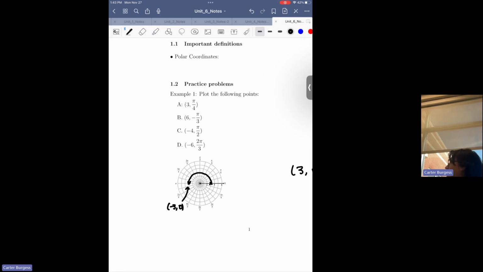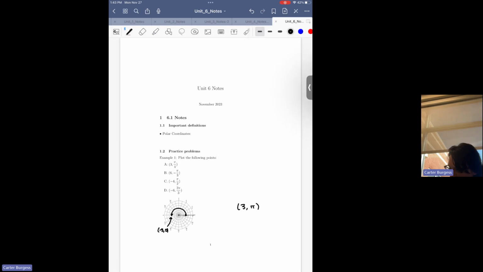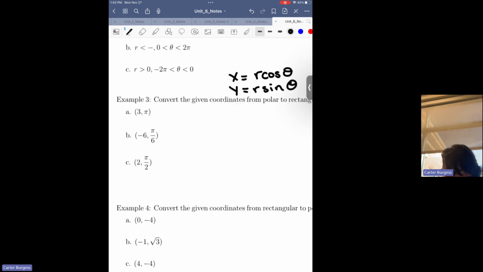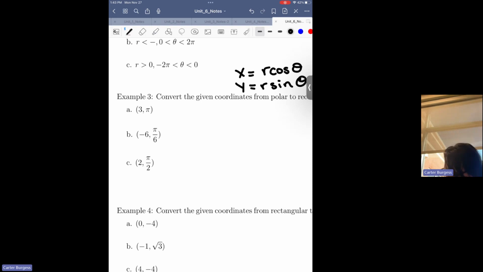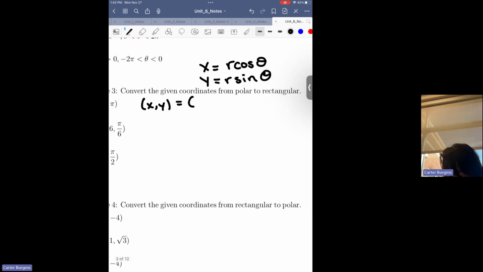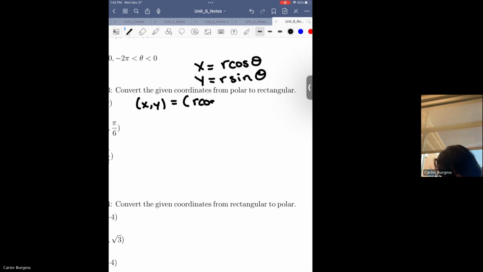But let's confirm. Let's make sure that that is in fact what we are going to get when we try this. This is our r, theta. We know that our x, y should be equal to r cosine of theta, comma, r sine of theta. In this case, r is 3 and theta is pi.